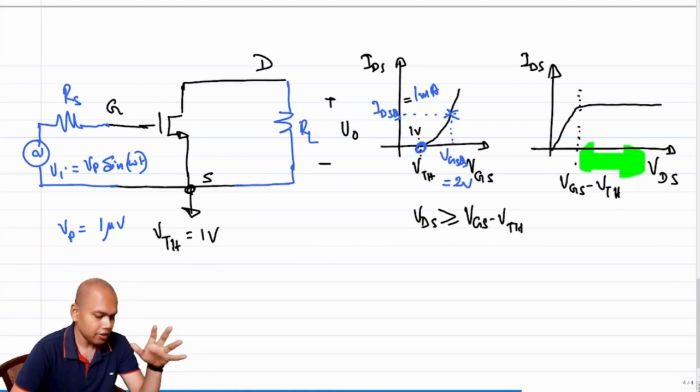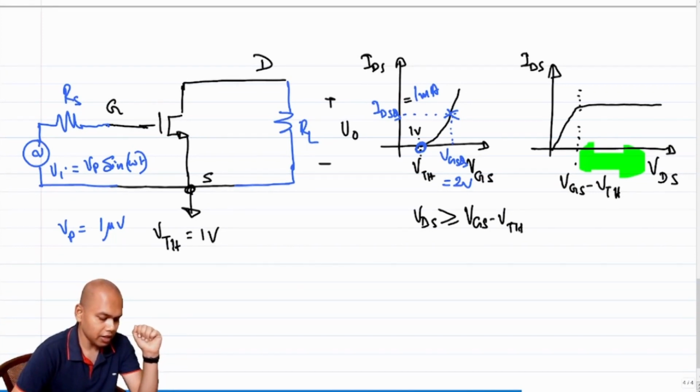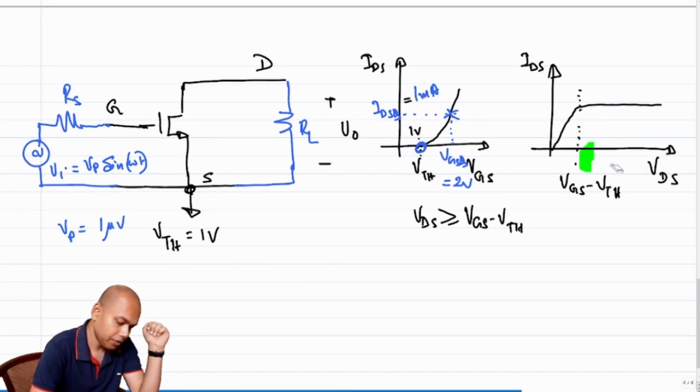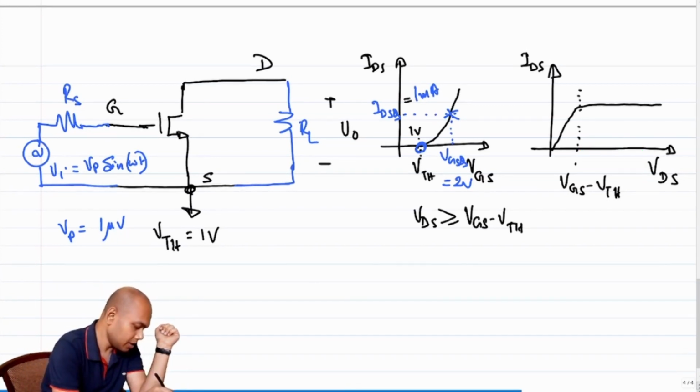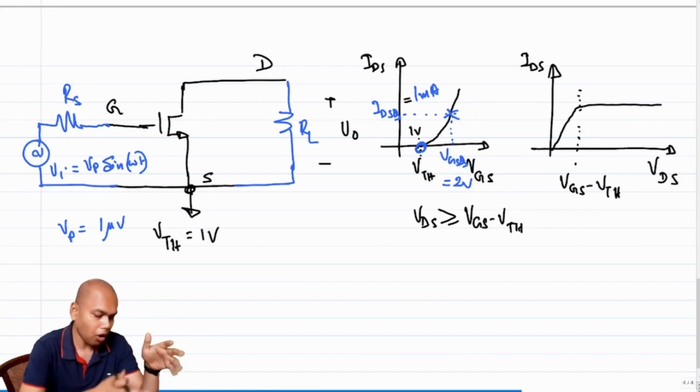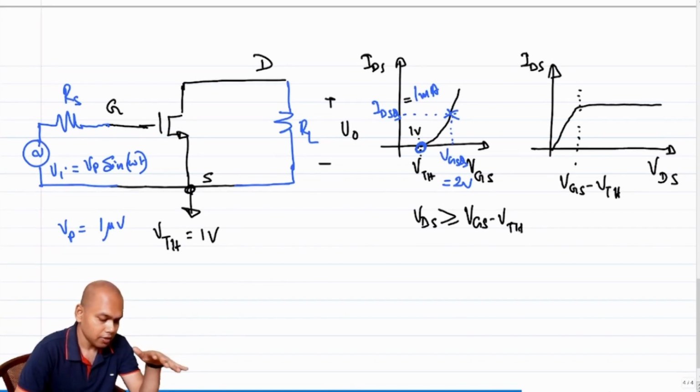So how should I figure out what is the appropriate IDS VDS curve where we get this, which essentially means that I'll have to plot multiple of these IDS VDS plots, right, and find out that particular plot for which IDS is equal to 1 milliamps.